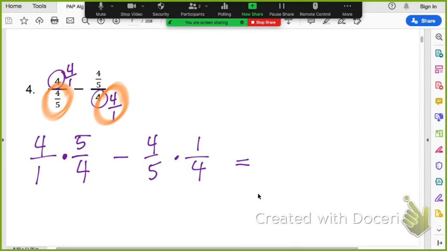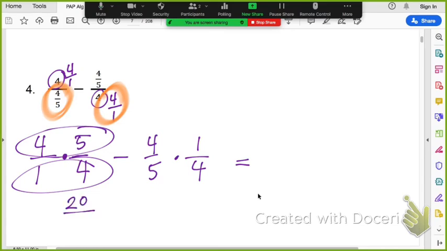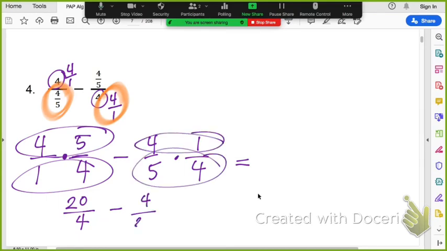You just multiply across, right? So the numerators get multiplied and the denominators get multiplied. So that would make this first fraction what? 20 over 4, which simplifies to 5. And then what would that make the second fraction? 4 over 20.